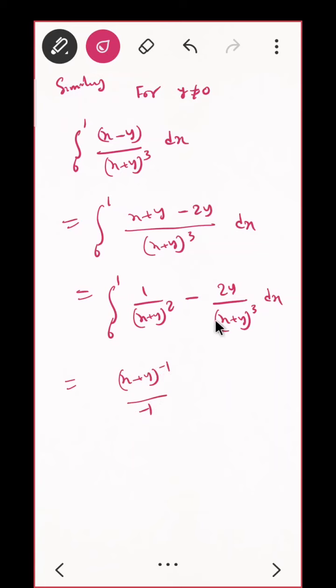See, 2y is constant here, so minus 2y will be as it is. What is x plus y the whole cube? That will be x plus y raised to minus 2 upon minus 2, I think. Yeah. And what is the limit? Is it okay? Is there any doubt? We are just solving the integration here.